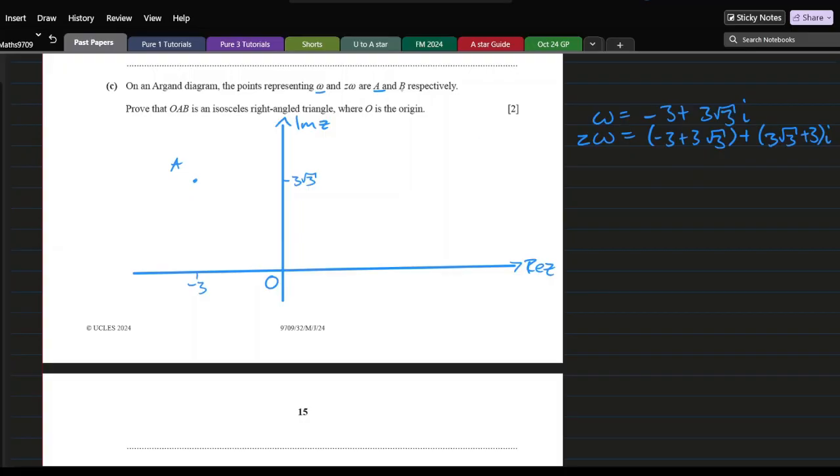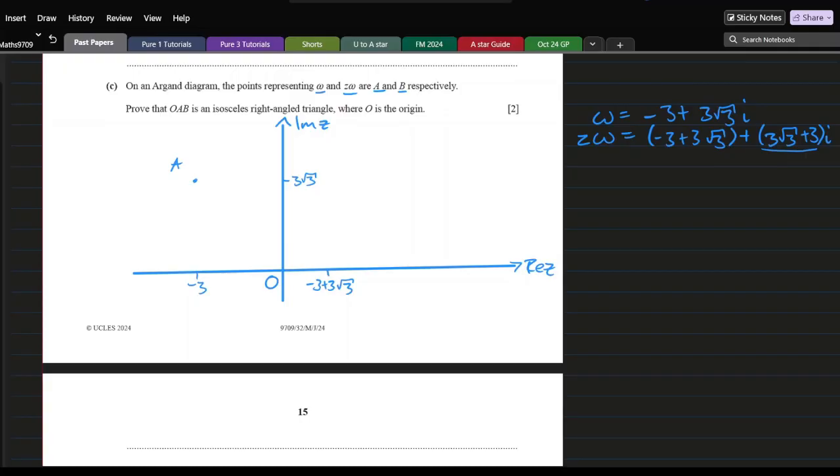And now we need point B, which is z omega. So z omega is negative 3 plus 3 root 3. Negative 3 plus 3 root 3 is approximately 2.19, so I'll put it somewhere here. And then we've got 3 root 3 plus 3. What would that be?